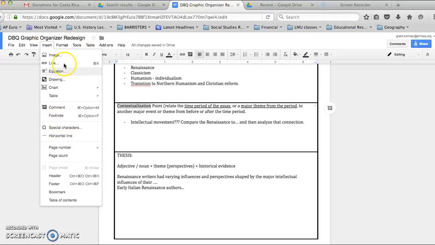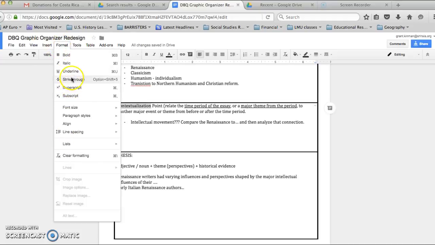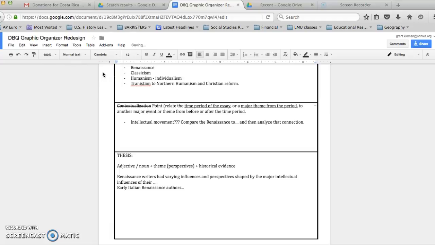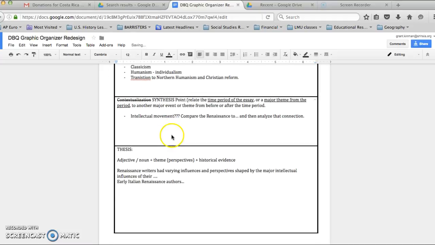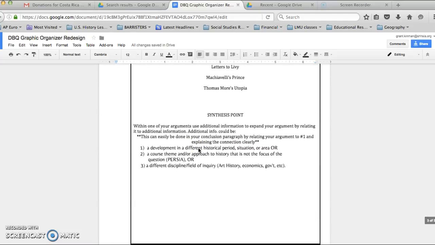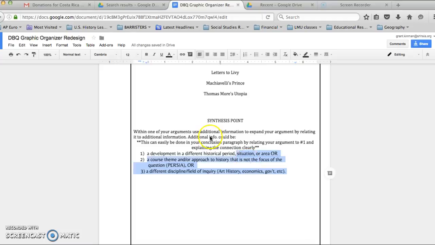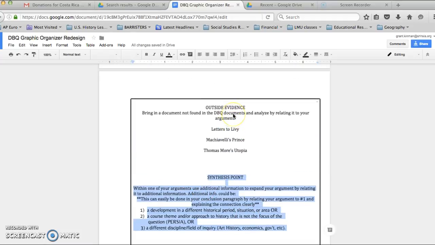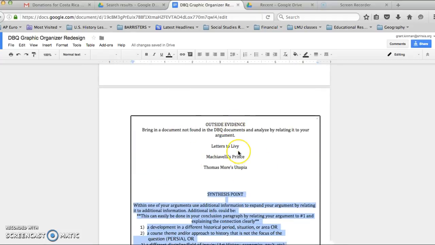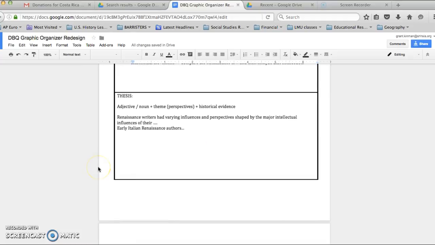So if that's your synthesis point, you've actually already taken care of this in the intro, and you don't need to do this because you've already done it. Okay, so the last thing you need to do is outside evidence, and then you're good to go.